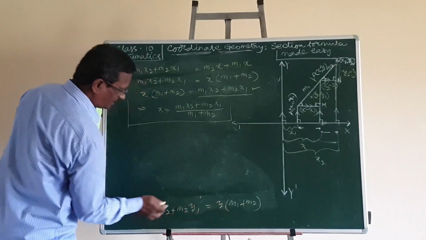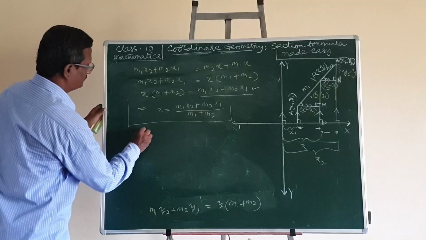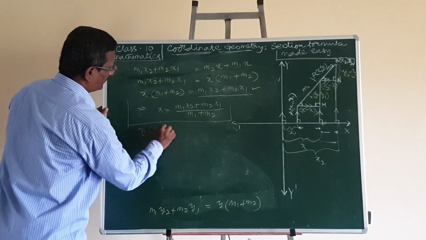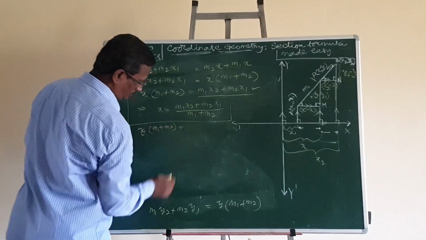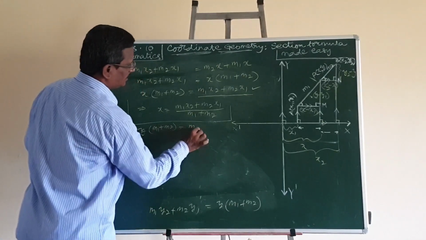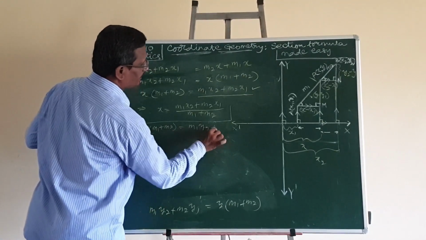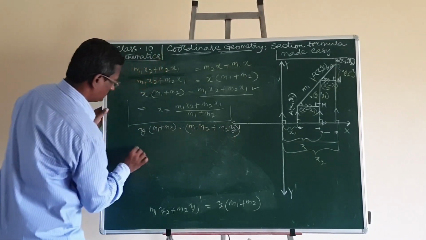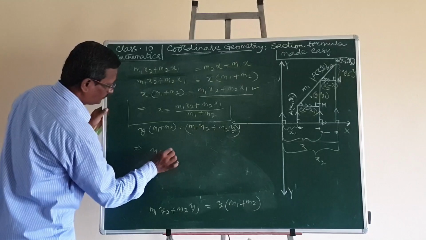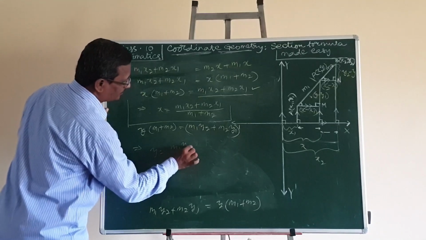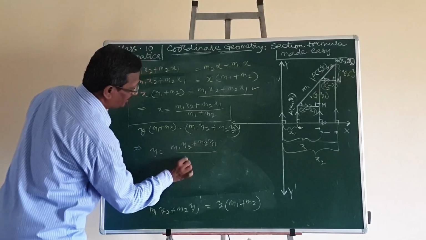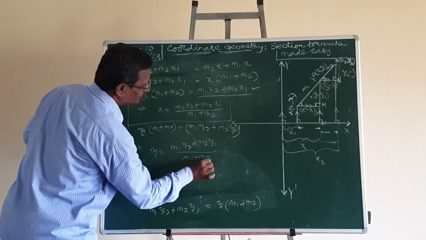Now, LHS and RHS on interchanging, y into m1 plus m2 is equal to m1 y2 plus m2 y1. This implies y is equal to m1 y2 plus m2 y1 divided by m1 plus m2.